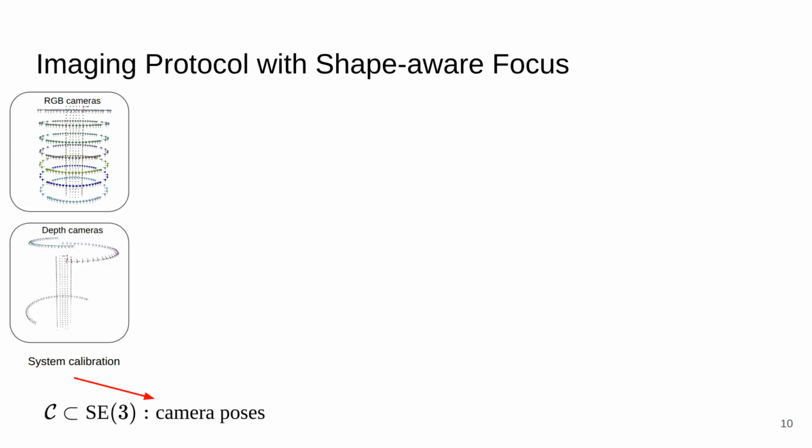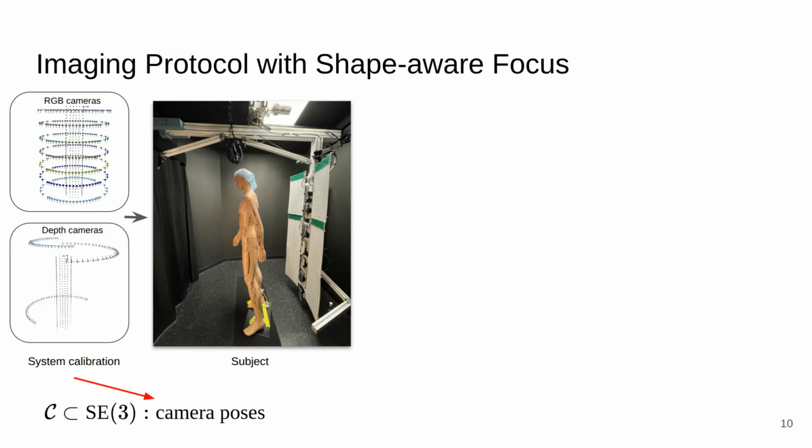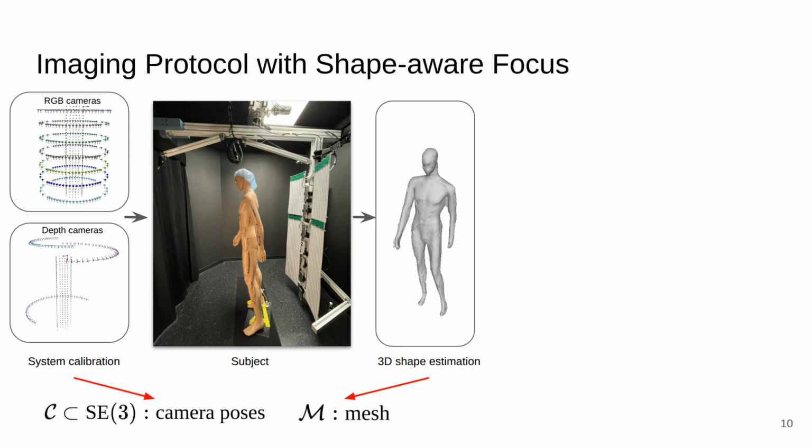As a proof of concept, we created a TBB system to validate our method. Here's the imaging protocol with the proposed shape-aware focus. We first calibrate our system to acquire the camera poses we need as an input of the method. Then, for a new subject, we will perform a quick scan using the depth sensors to acquire the 3D mesh of the subject.